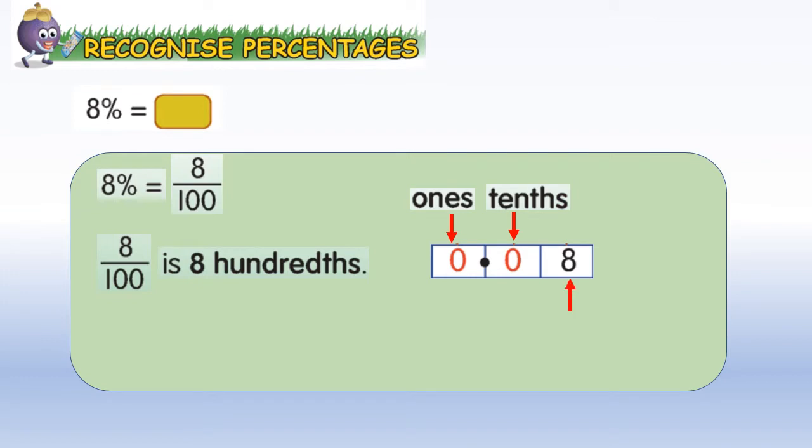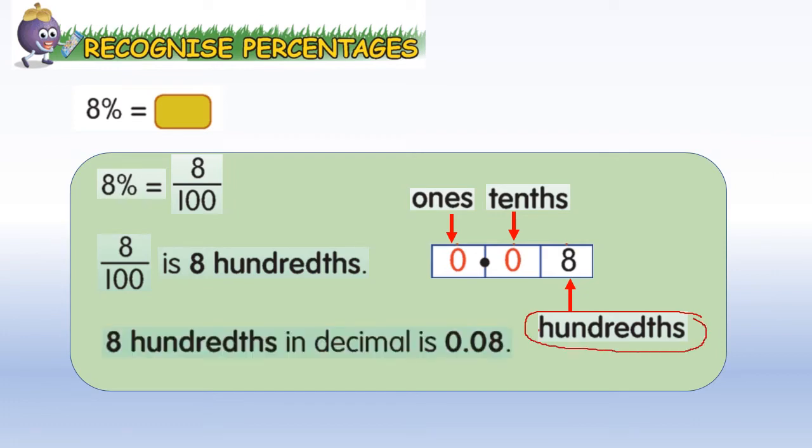So 8 is in the place value of hundredths here. So 8 hundredths in decimal is 0.08. By looking at the picture, we can see it clearly that 8% is 0.08. So 8% is 0.08.